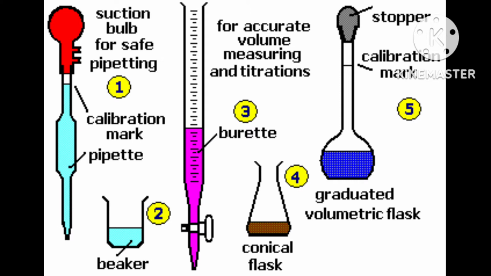Actually, this titration I am talking about is potassium permanganate versus oxalate ion, C2O4 2 minus. The reaction will take place between permanganate ion and oxalate ion.